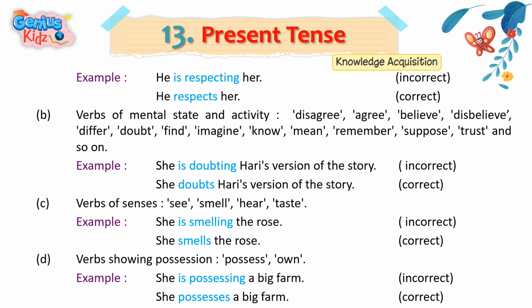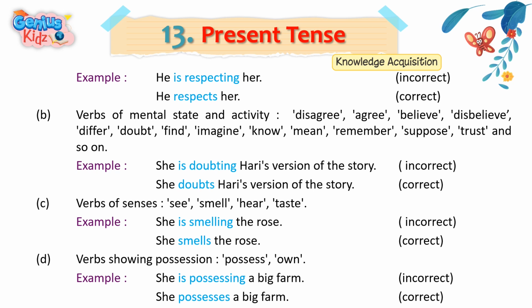B. Verbs of mental state and activity: disagree, agree, believe, disbelieve, differ, doubt, find, imagine, know, mean, remember, suppose, trust and so on. Example: She is doubting Hari's version of the story. Incorrect. She doubts Hari's version of the story. Correct.